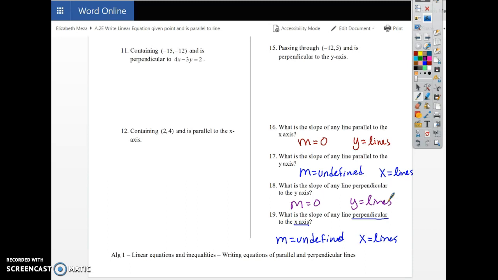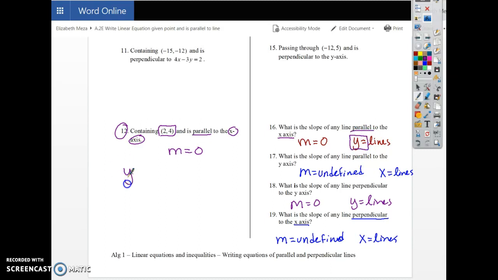So I'm only going to do one with you. I'm going to do number 12. It says, I need an equation that is containing this point and is parallel to the x-axis. So let's look at our notes right here. Parallel to the x-axis, my slope is 0. So let's write that down. M is going to be 0. Okay? And it's going to be a y-equal equation.